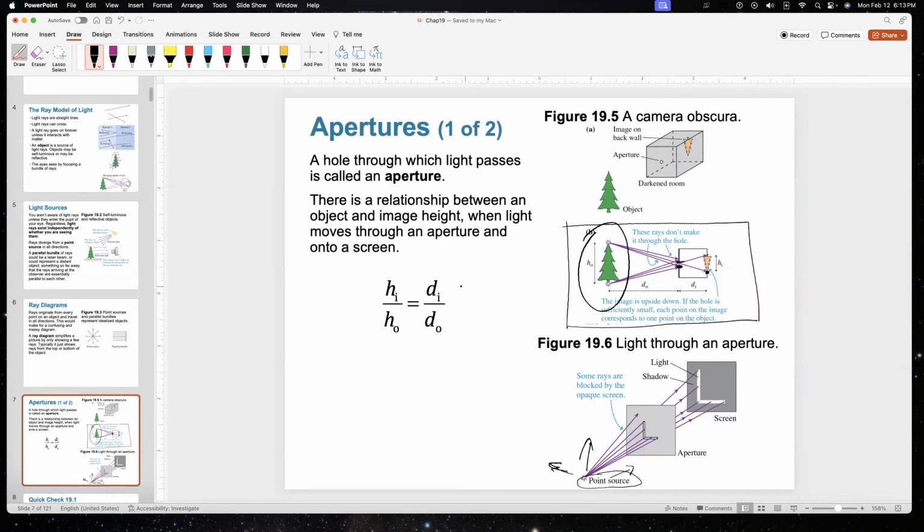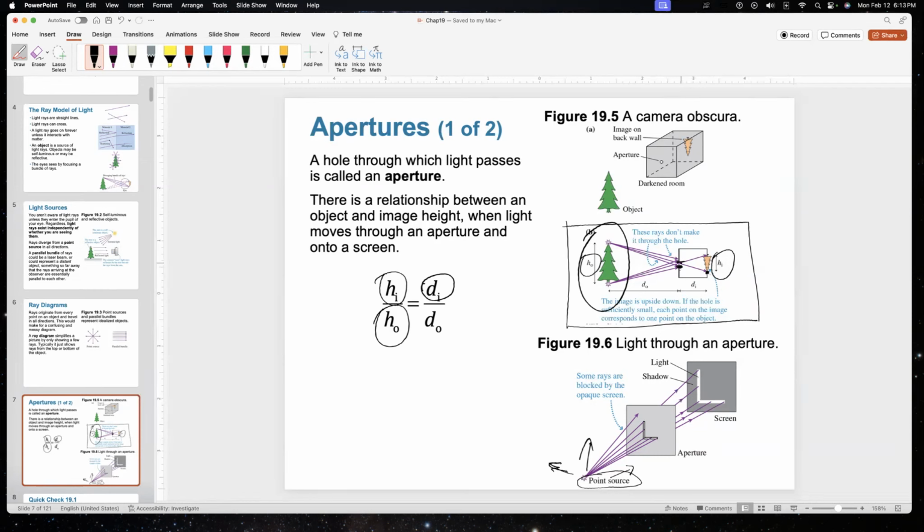So we call HI the height of the image. So the image would be whatever is projected. HO is the height of the object. We call DI the distance between something, an optical instrument. So it could be just the hole, could be your eye, like the pupil of your eye with the crystalline lens that we have inside our eye.